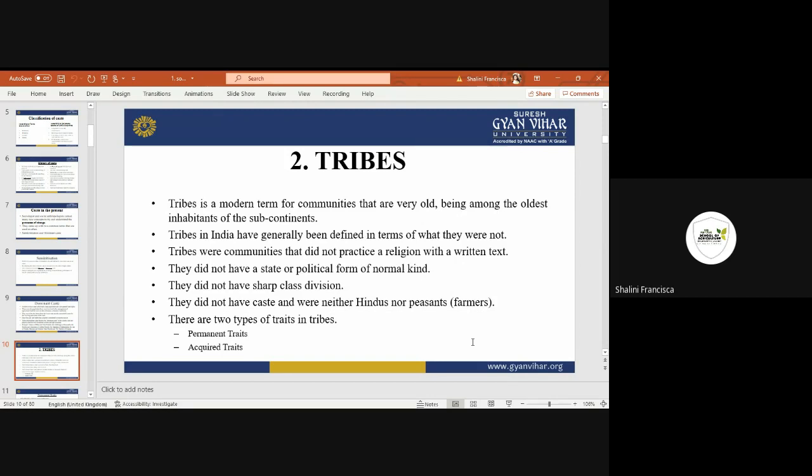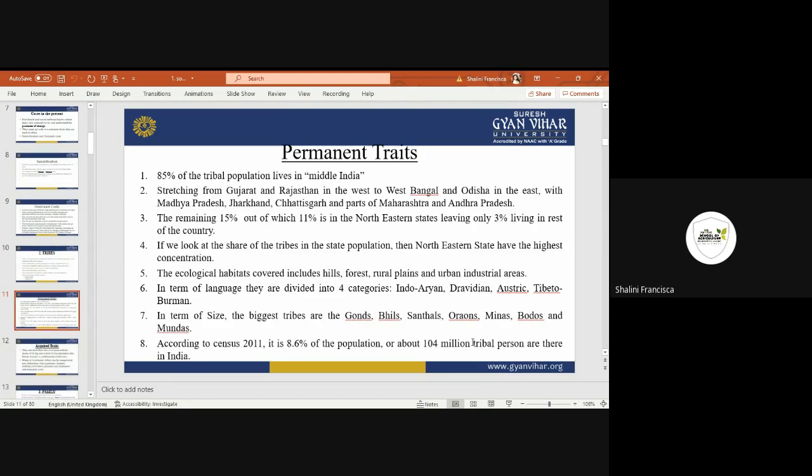They were divided into two types: permanent tribes and acquired tribes. If you talk about the permanent tribes in India, 85% of the tribal population lives in middle India, stretching from Gujarat and Rajasthan in the west to West Bengal and Odisha in the east, with Madhya Pradesh, Jharkhand, Chhattisgarh, and parts of Maharashtra and Andhra Pradesh.